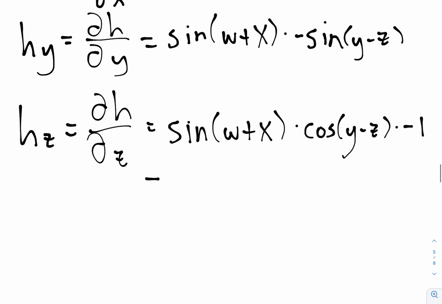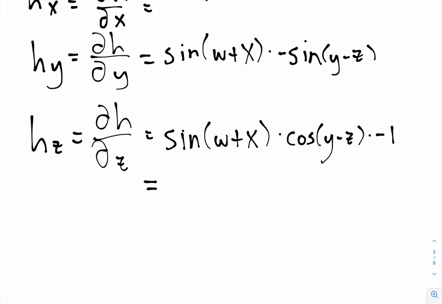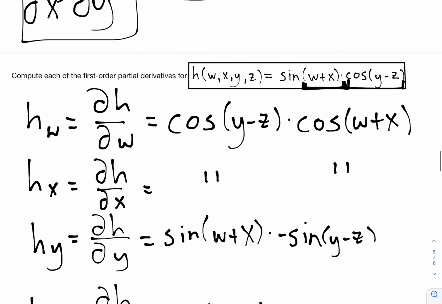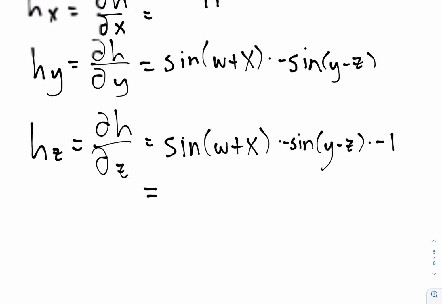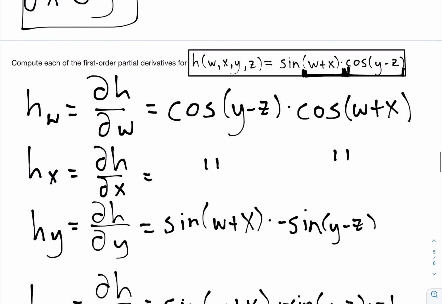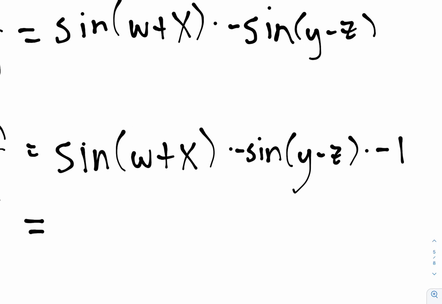Okay, so this can be written as, hold on a sec here. This should be negative sine, I mean, not positive cosine, because we have to take the derivative, and I just left it as cosine. So negative sine of y minus z times negative 1.